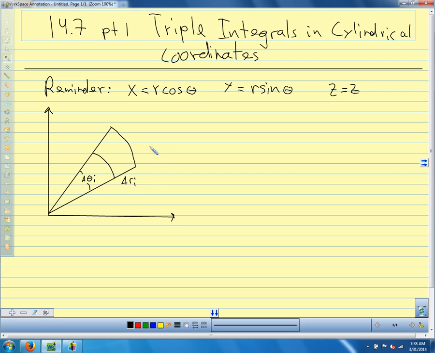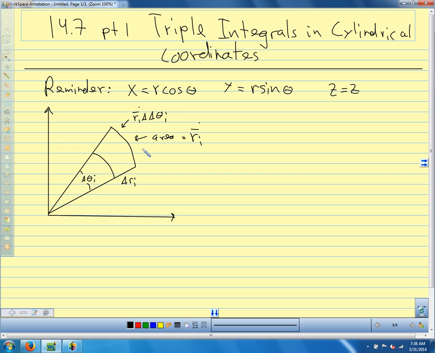And the area of this little polar rectangle was the average radius, r sub i, and our arc length is the average radius, r sub i, delta theta sub i.